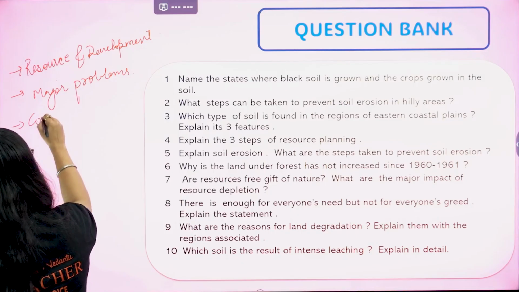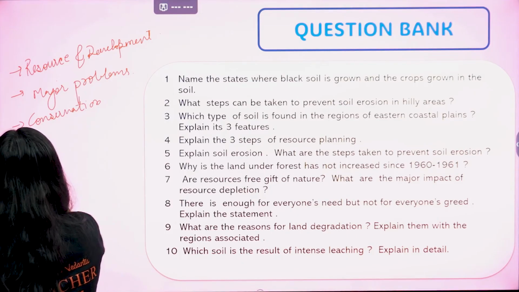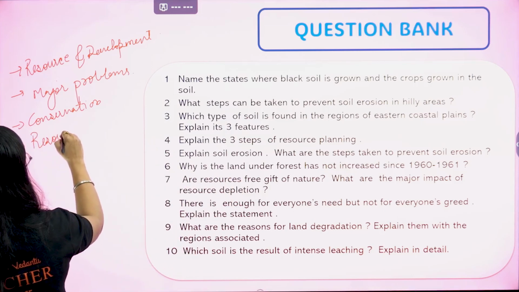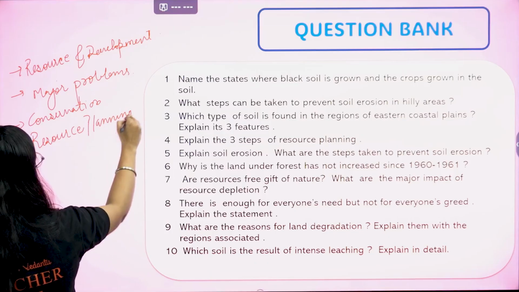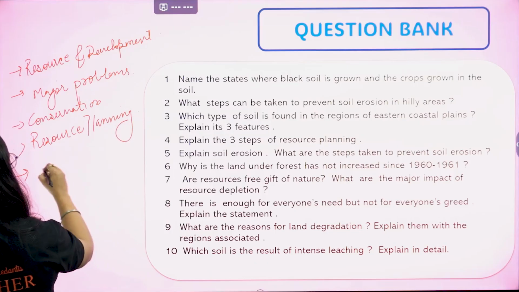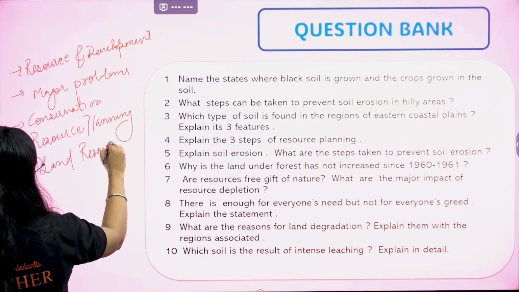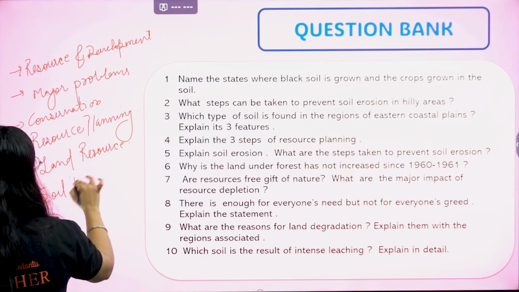Then we have seen conservation of resources, which includes topics like Earth Summit, Agenda 21, etc. Then we moved on to how you will conserve them with the help of resource planning. Then we studied land resource thoroughly, and we ended the chapter with soil resource.